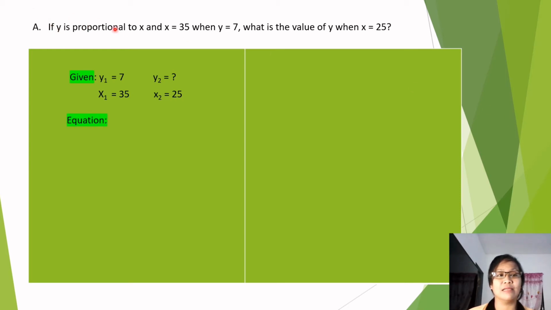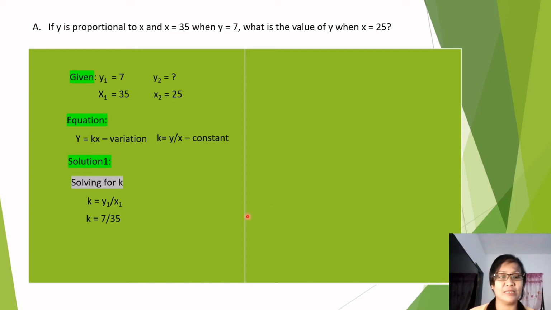Solution, y is equal to kx. Why? Y is proportional to x. That is for our variation, and the same, our constant is k is equal to y over x. For our constant, we will use k is equal to y sub 1 over x sub 1. Then substitute.